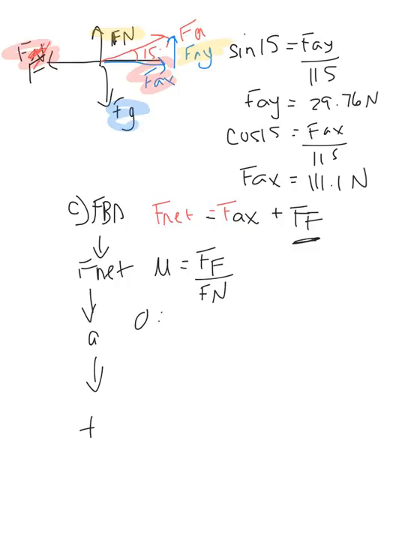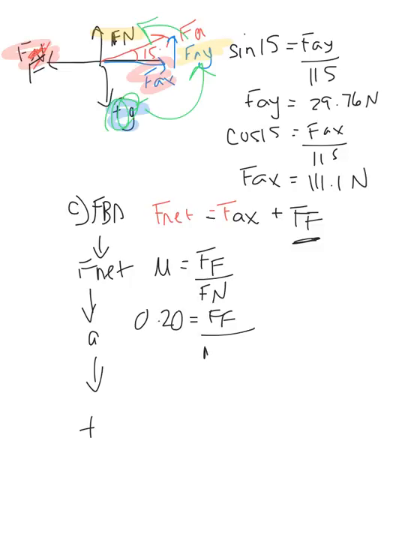The coefficient was 0.20. And we need to find the normal force. And this is tricky this time because it's not equal and opposite to FG, right? It's going to be FG subtract FAY that would give us our FN.